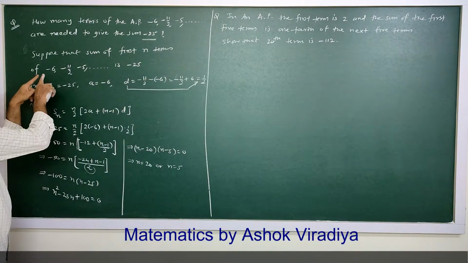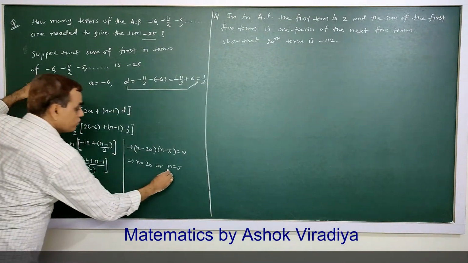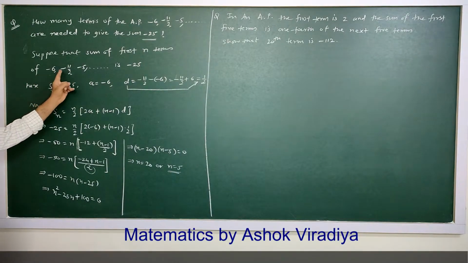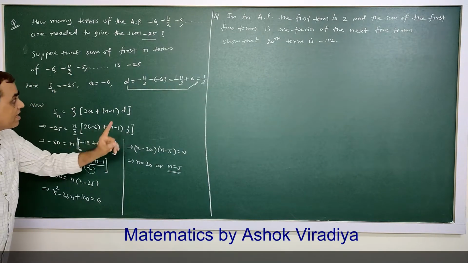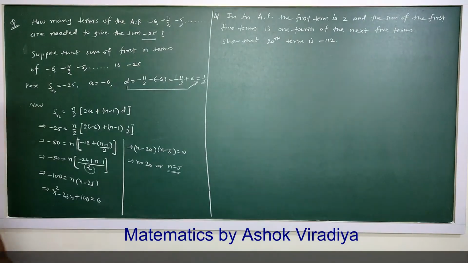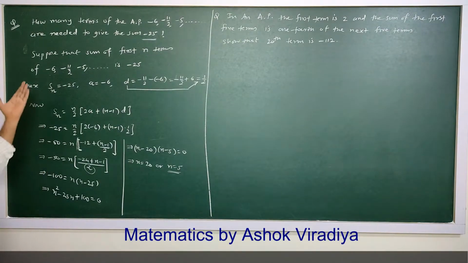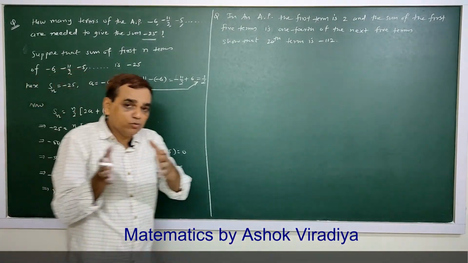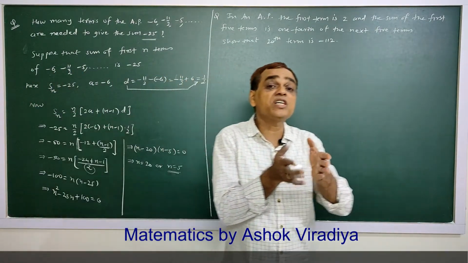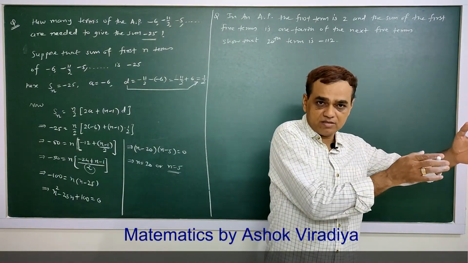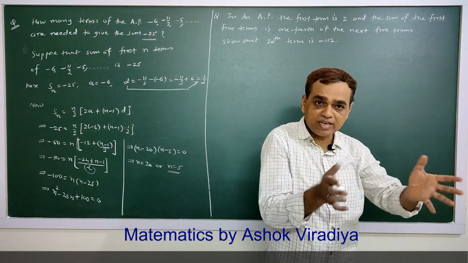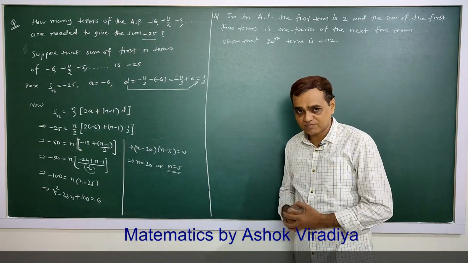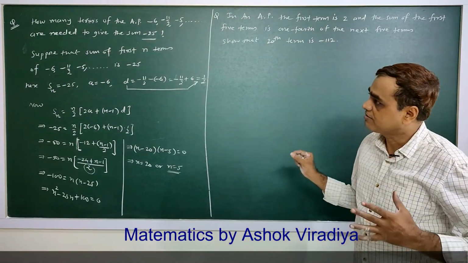If you take the first 5 terms from this sequence, their sum will be minus 25, and if you take 20 terms, the sum will also be minus 25, because after a few steps positive terms start. So the positive and negative terms cancel, and the sum remains the same in these two cases. So here the answer is 20 or 5.